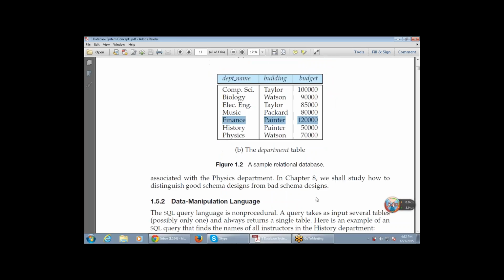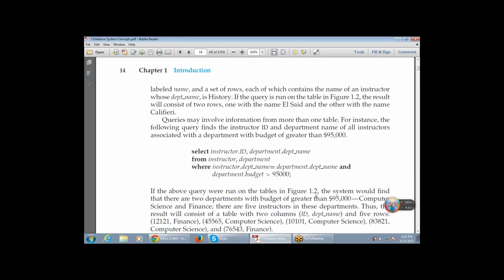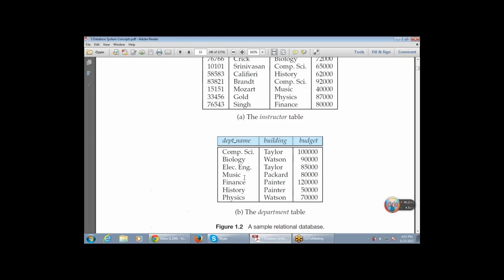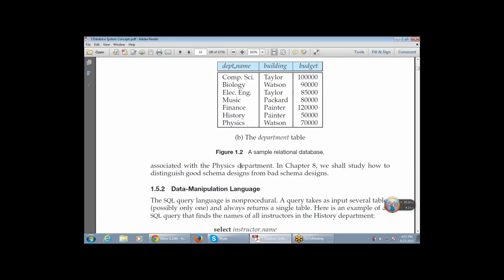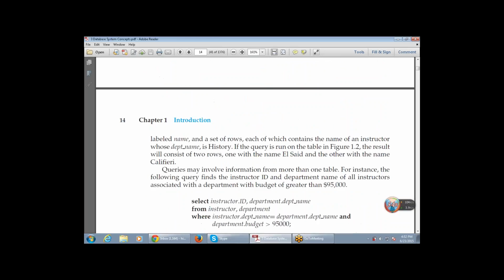So there are two department names available, and there are five instructors in these departments: Srinivas, Brandt and Katz. These three are from computer science, and for finance there are Wu and Singh. So there are a total of 5 records displayed.